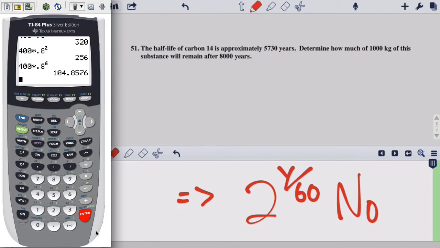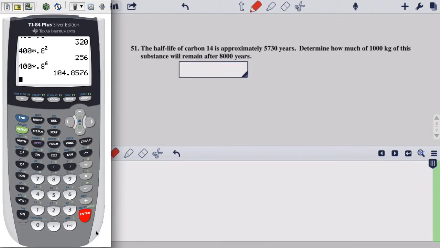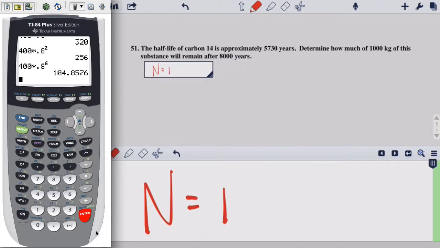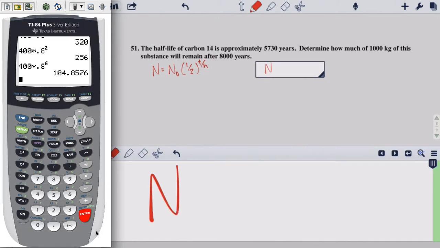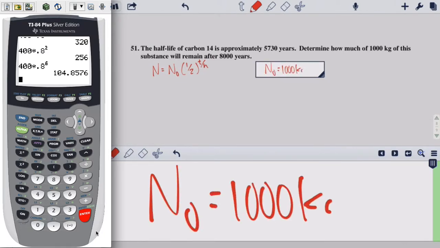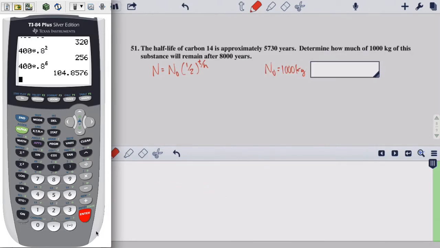Okay, last problem. Half-life of carbon. What is the formula for half-life? N is equal to N naught times 1/2 raised to t divided by the time it takes to halve. N naught is 1,000 kilograms. t is equal to 8,000 years.